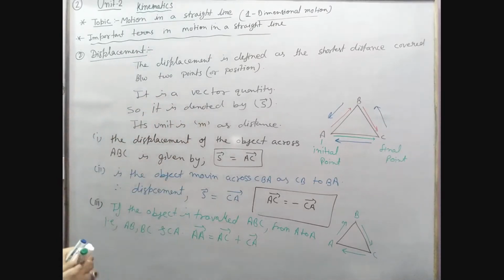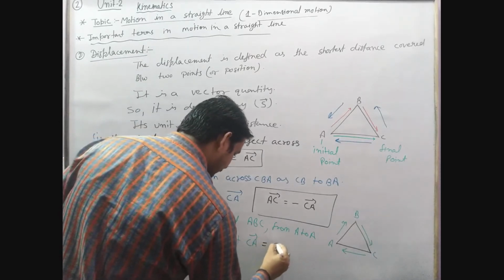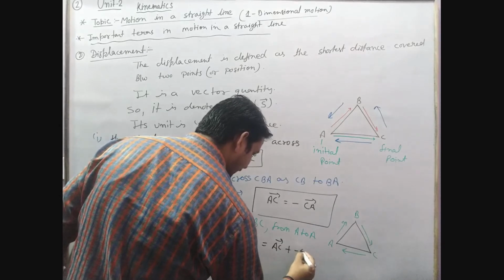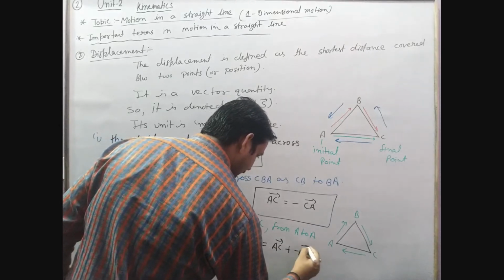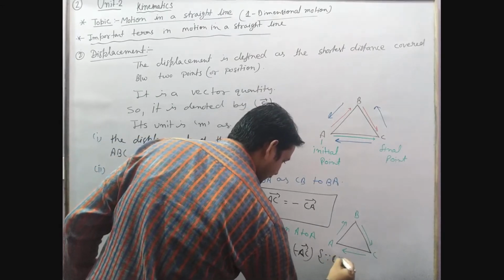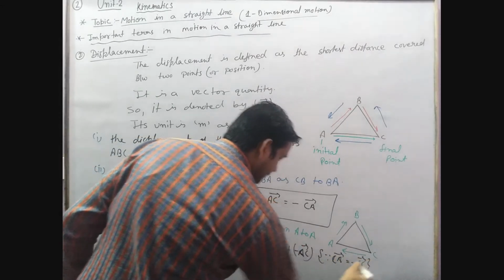Using this rule we get vector AC plus minus vector AC, because CA is equal to minus vector AC.